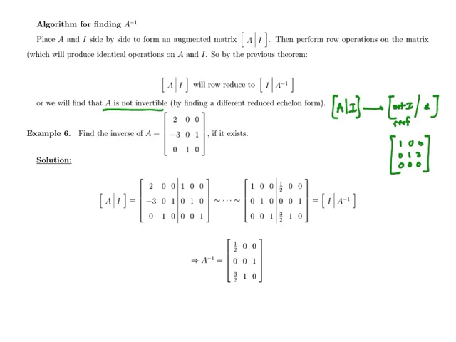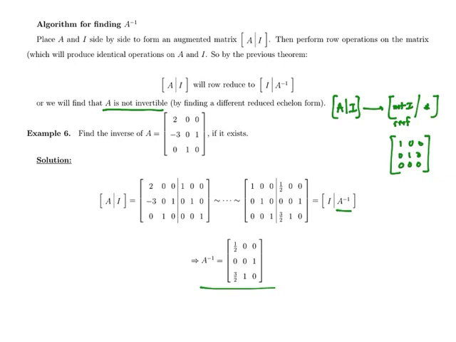And if I row reduce, I would get to the point that I get the identity matrix on the left and the matrix with rows 1 half, 0, 0; 0, 0, 1; 3 half, 1, 0 on the right, which tells me that the right hand side is my A inverse.